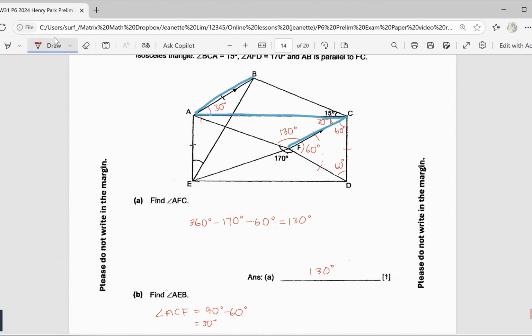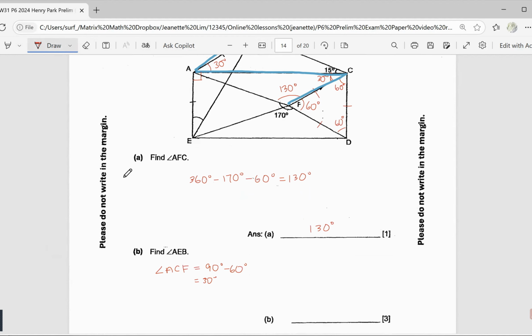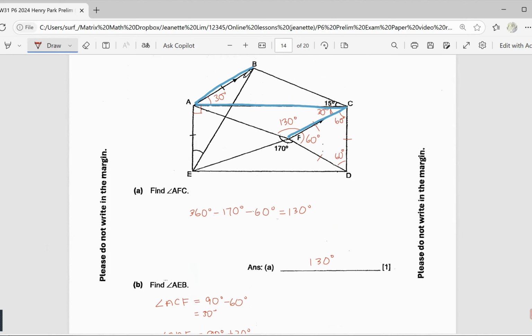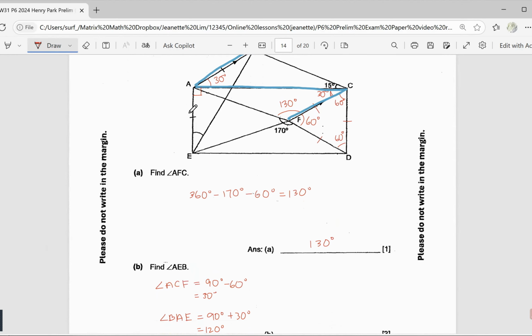Okay, then you have a right angle here. So BAE is 90 plus 30, 120.